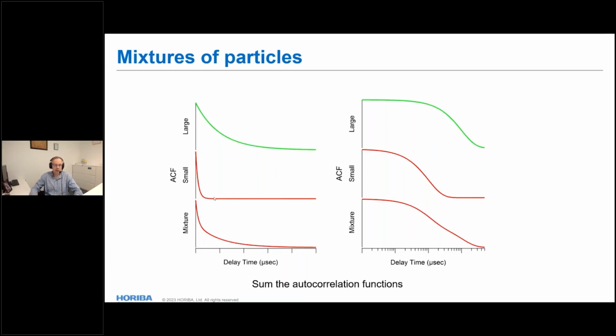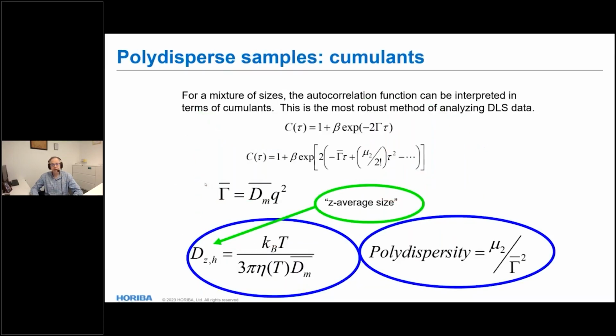And if you have a mixture, you would simply take the sum of the autocorrelation functions for each particle size, weighted by the scattering power of the particles in each size class. And so your mixture, you'll see it's distorted compared to the nice, neat exponential decays shown in the top 2 plots. Well, how do you treat that?